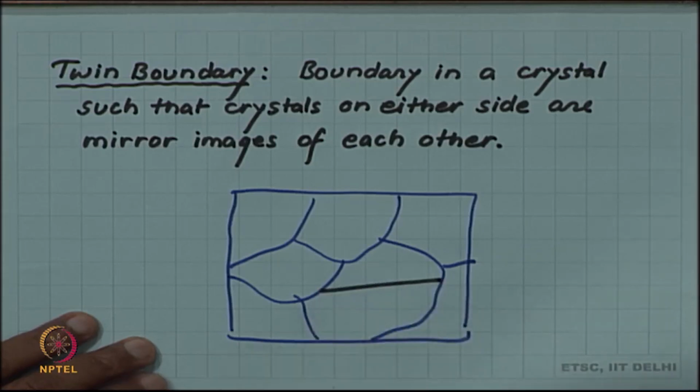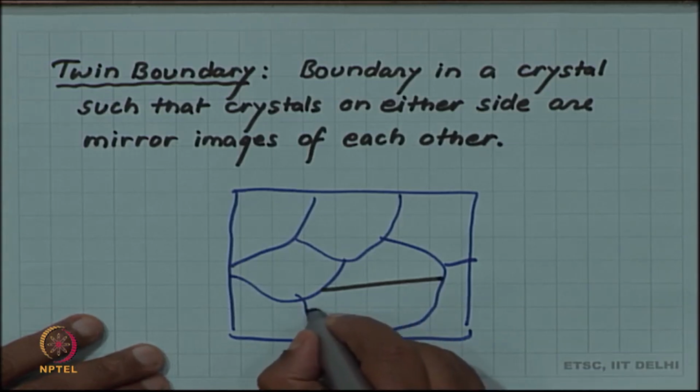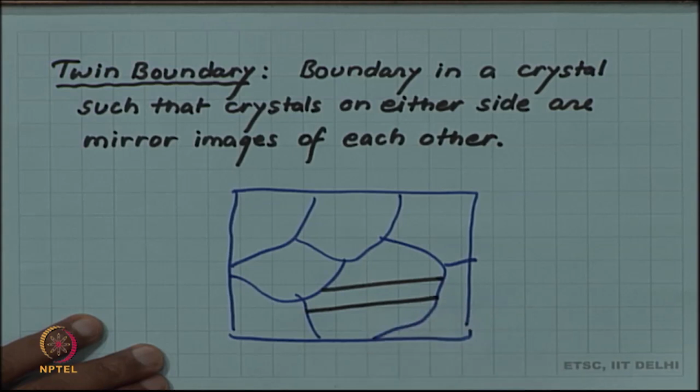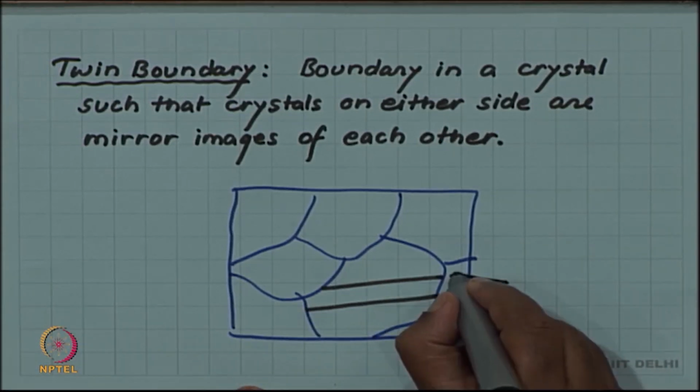Microstructurally, twin boundaries are usually quite flat, and they usually do not occur singly, they occur in pairs.